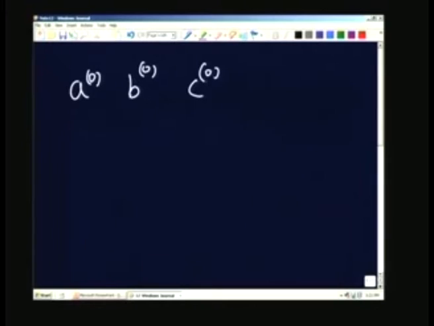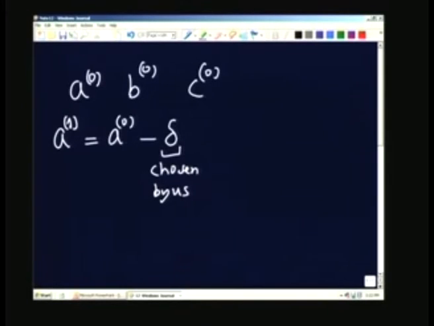I may next take the step such that I will have a1 is equal to a naught minus some small quantity, I will call it delta, which is chosen by us, multiplied by the component in the direction of unit vector component along a naught.